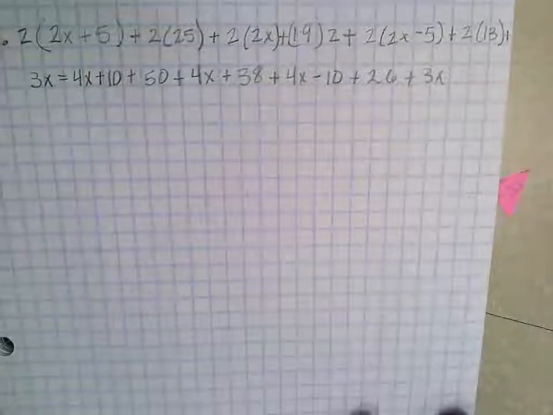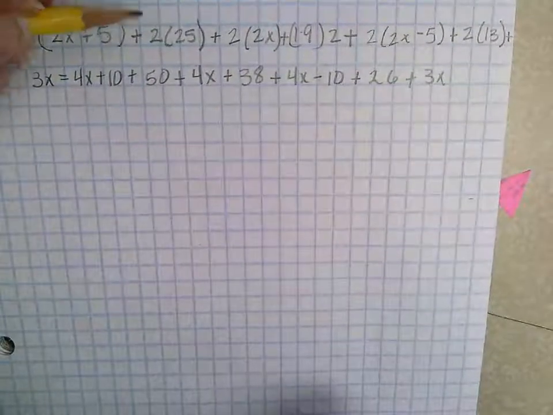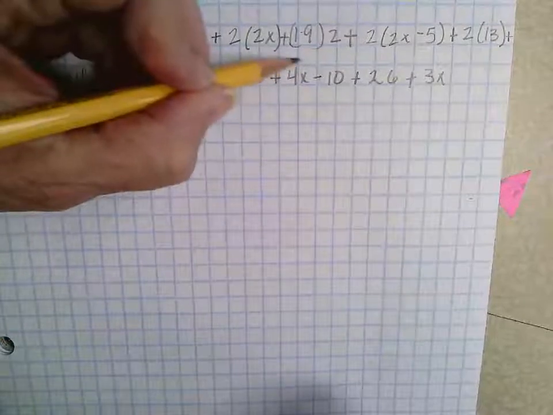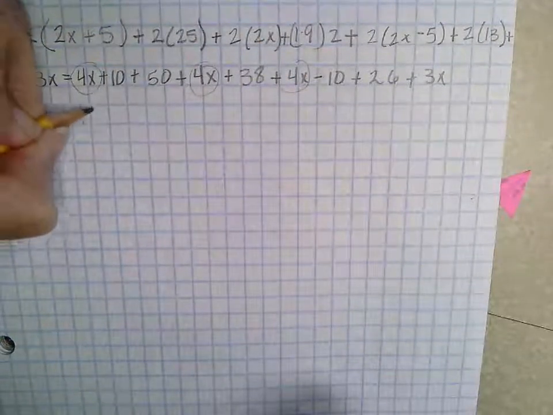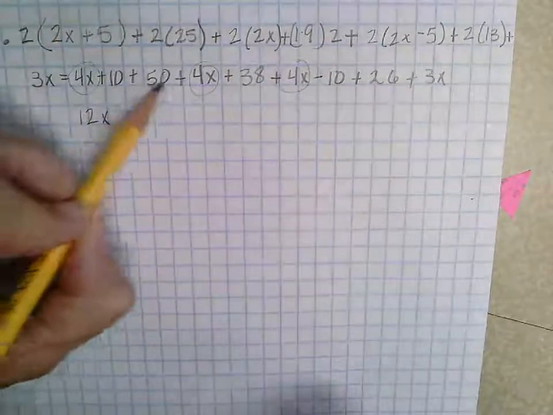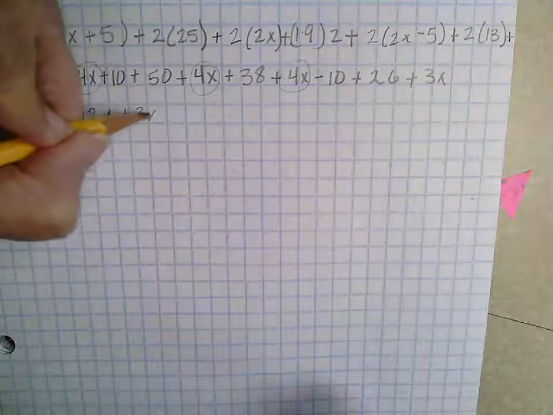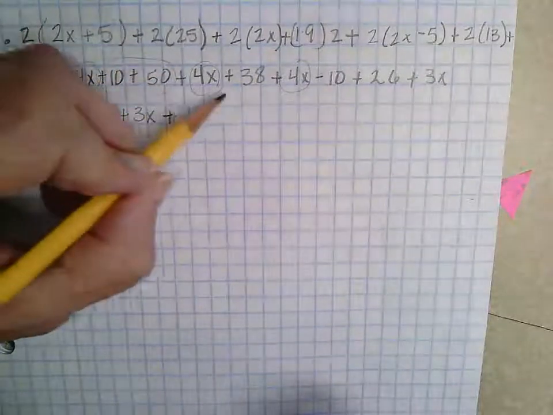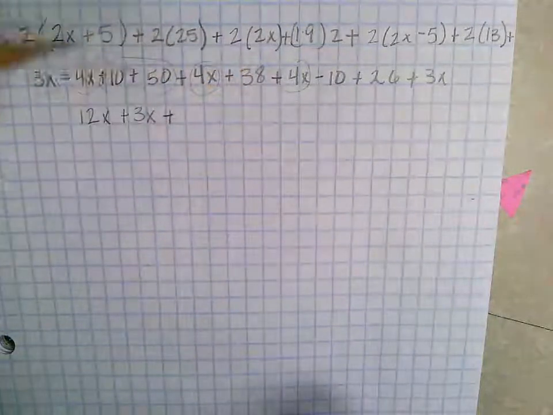So now I'm going to be combining like terms, and I see I have 4x and 4x and 4x, so I know that is 12x. And then I have 3x. And then I have 60 right here, plus 38.